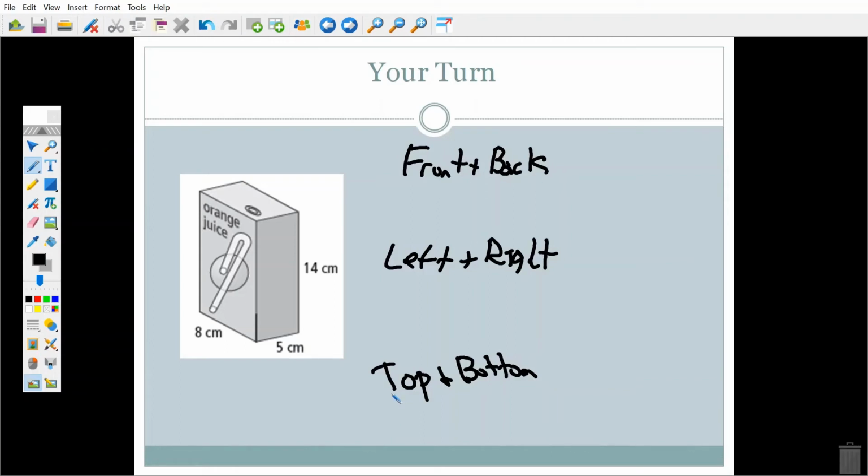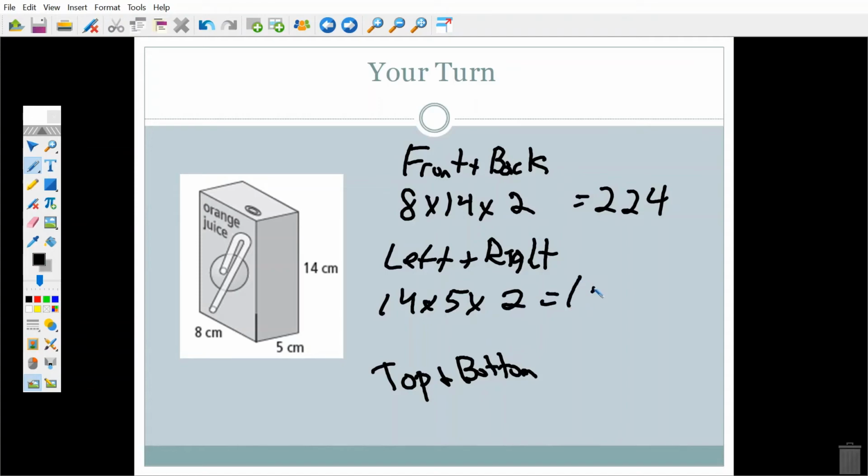All right, let's look at the answer. So the front and back, I call this the front here. So this is 8 times 14 times 2, which should be 224. The left and right is right here. That's 14 times 5 times 2, which is 140.